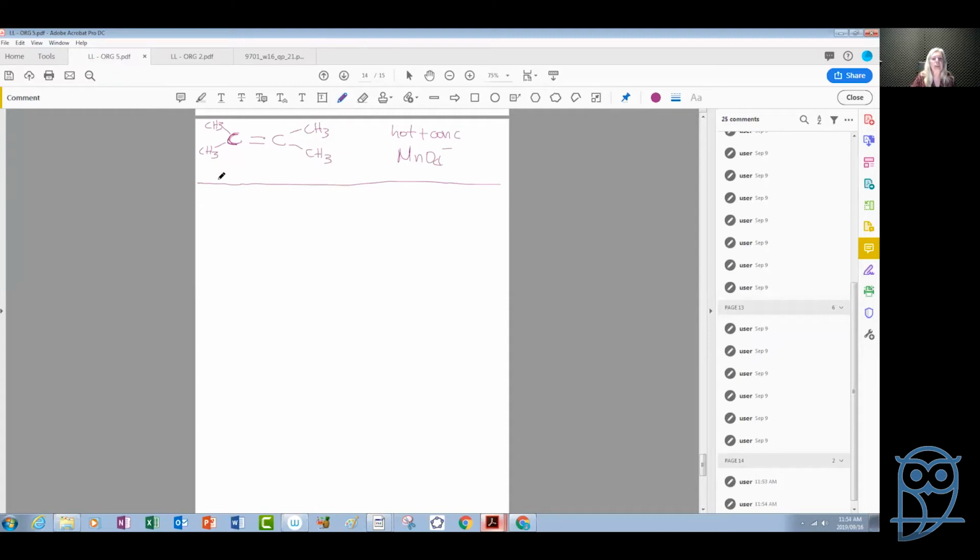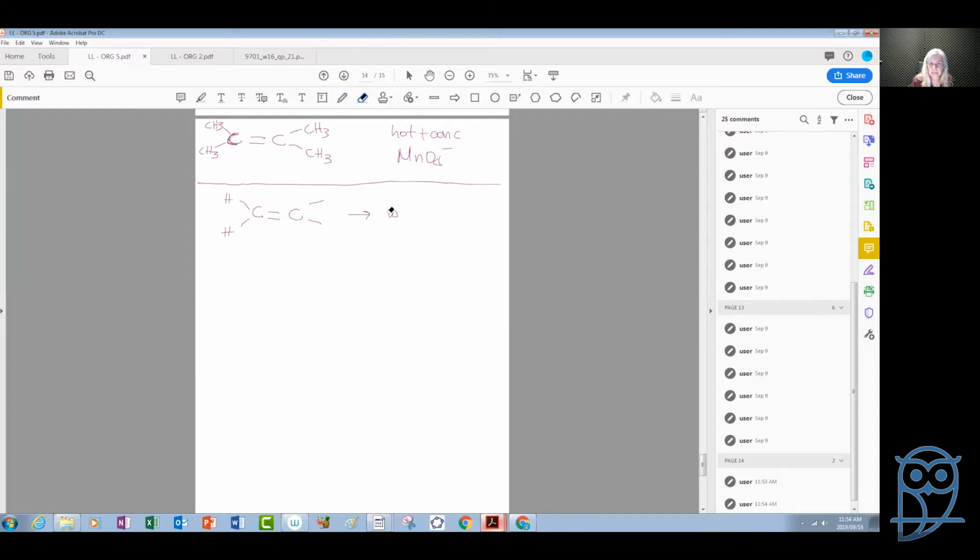So in the case, for example, where instead of these methyl groups we have just simple hydrogens on the double bond and the other carbon with something else, it doesn't matter, then the product of this type of hydrocarbon will be carbon dioxide.